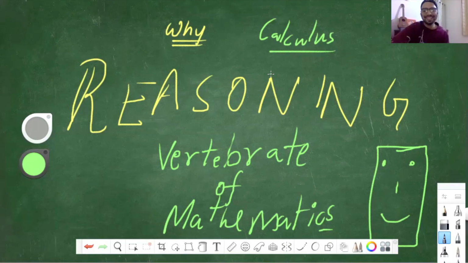So the sir came in and said we are going to study calculus, and I was writing calculus. I asked her what the spelling of calculus is, because it's just like Mississippi: one S or double S, one P or double P, all sound like Mississippi.